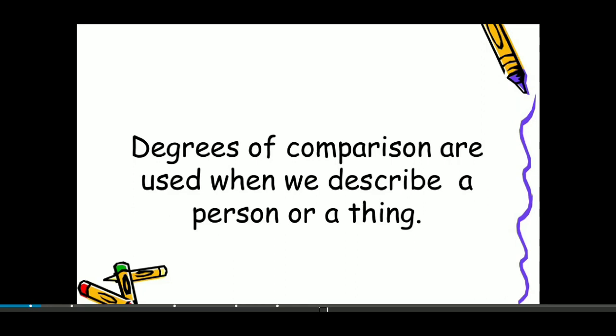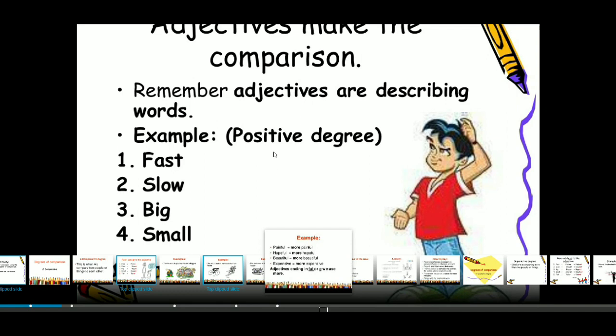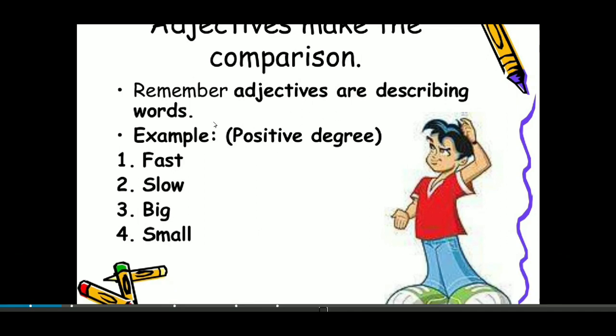Usually we know adjectives are used to describe a person or a thing, so we use the degrees of comparison in the case of adjectives. Adjectives make the comparisons. Remember, adjectives are describing words.